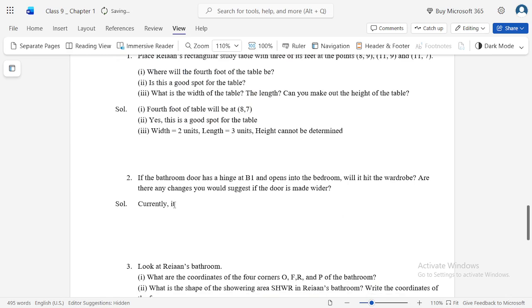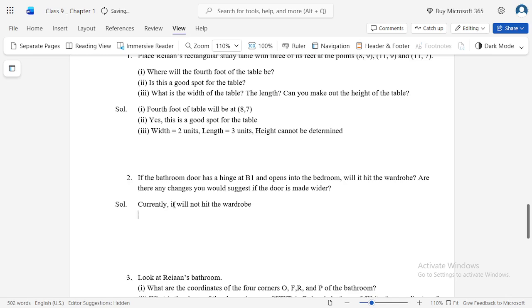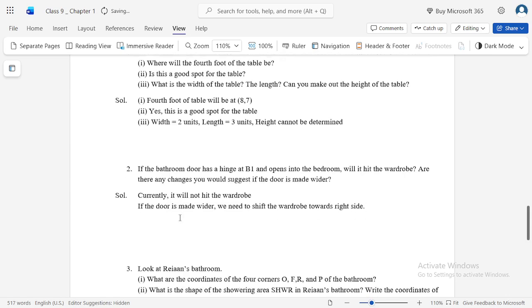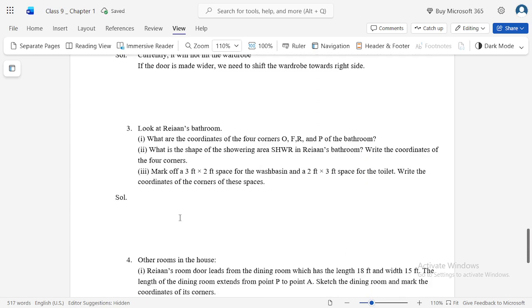Currently it will not hit the wardrobe, and if the door is made wider, we need to shift the wardrobe towards the right. That was the solution for the second question. Let's move on to the third one.